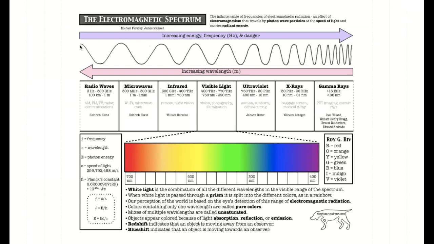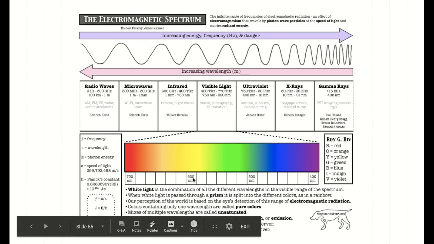We knew that the longer waves were lower frequency and lower energy. And then you come down to this side, the gamma rays, they are higher frequency and higher energy. Visible light has its own little visible spectrum, and we went through and looked at the different frequencies and wavelengths related to that.